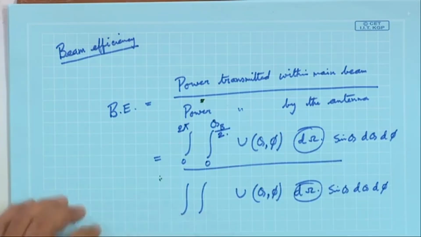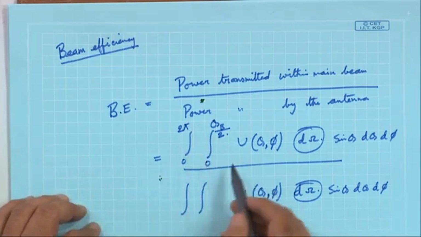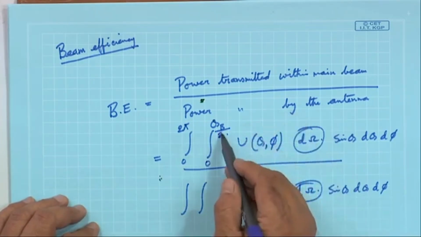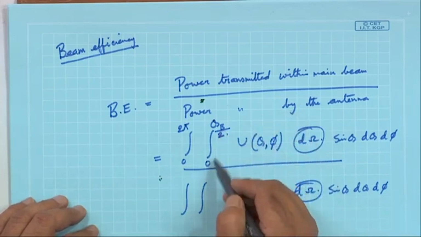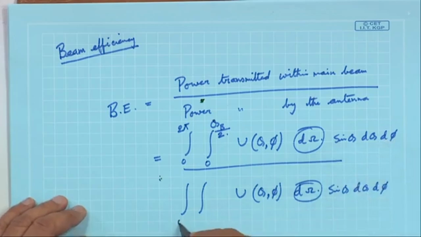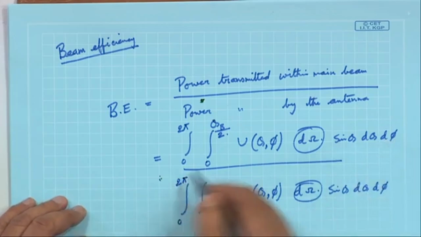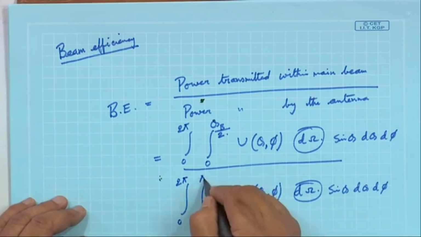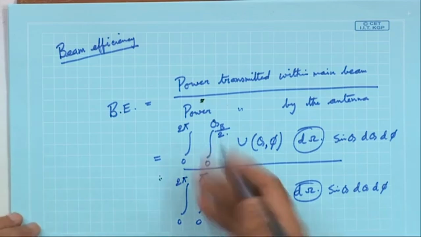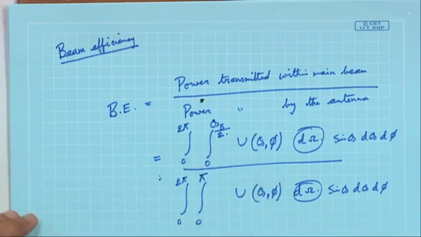Since I am taking phi from 0 to 2 pi, I am actually in the elevation plane. If I have a beam width theta b, then 0 to theta b gives the power in the main beam. And what is the power here? Here you take all the points, so all possible angles 0 to pi, that will give you actually the beam efficiency.